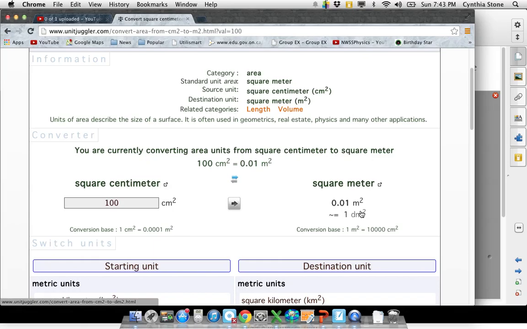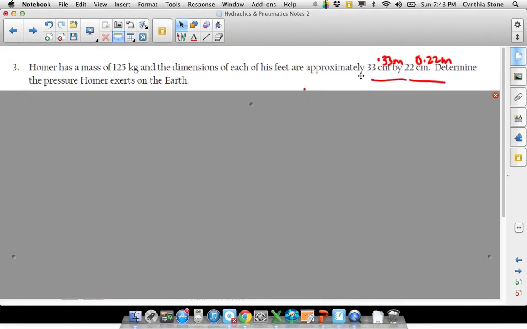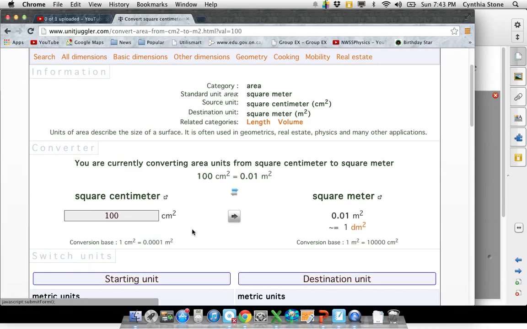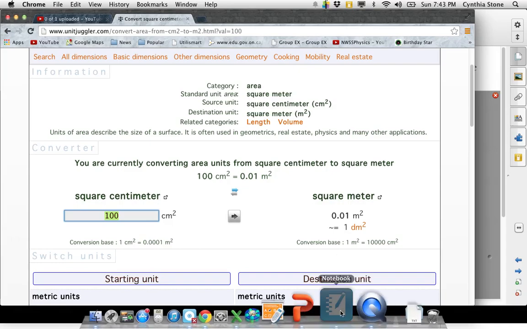So if you were to do this question, and you did the area first, 33 times 22, and got that number in centimeters squared, divide by 100 twice is the quick answer. To be sure, come to one of these unit converters and put your number in and find out. Do not divide by 100, because it's not divided by 100.